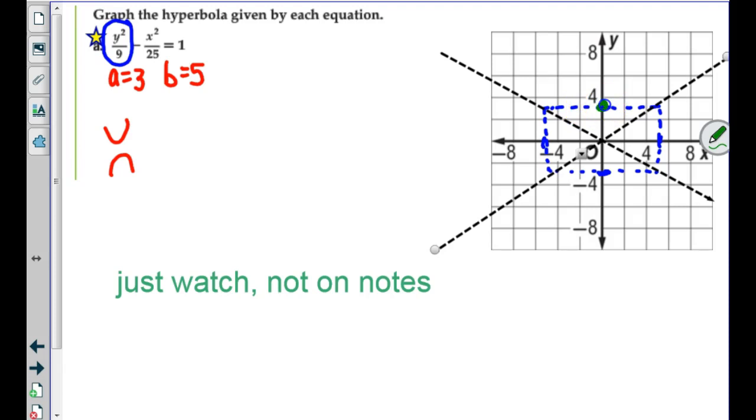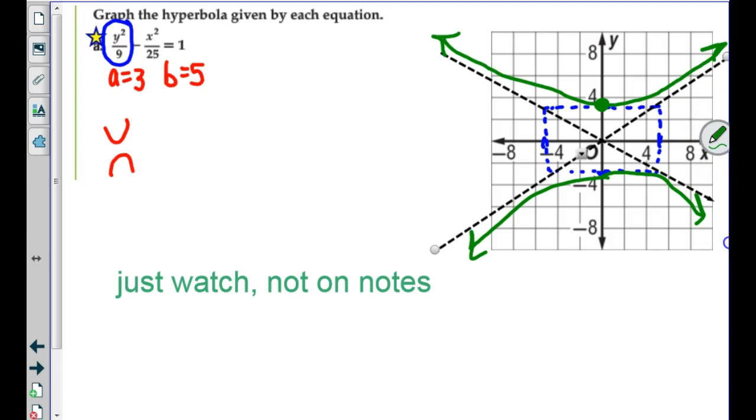So the edge of the box is your vertex, and it goes up and down, so it gets closer and closer to those asymptotes, up and down. If the x squared had been first, I would have drawn it in these spaces sideways. Okay?